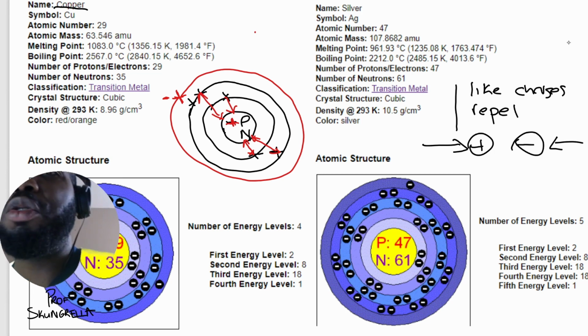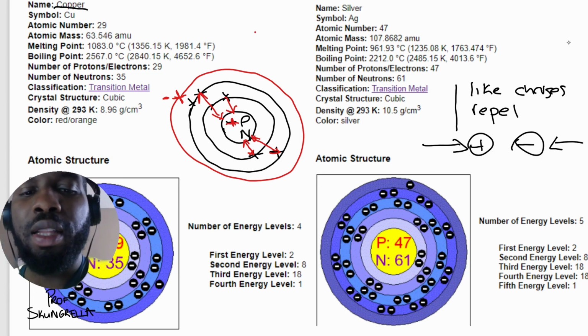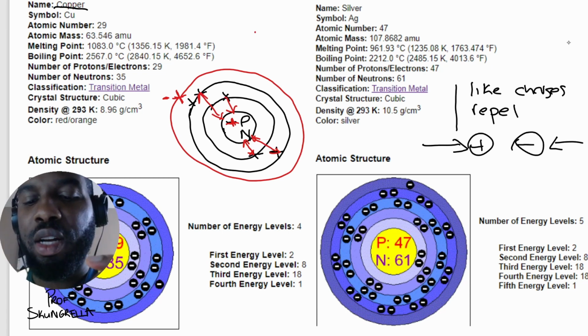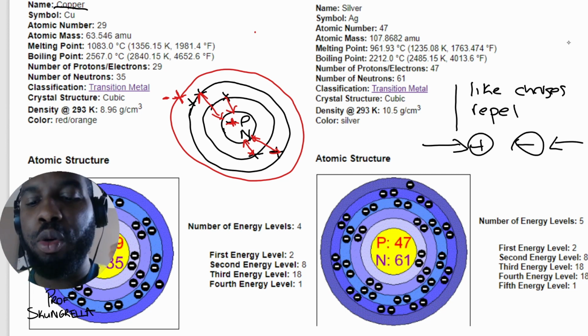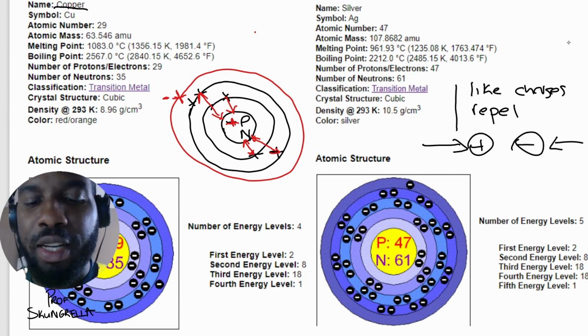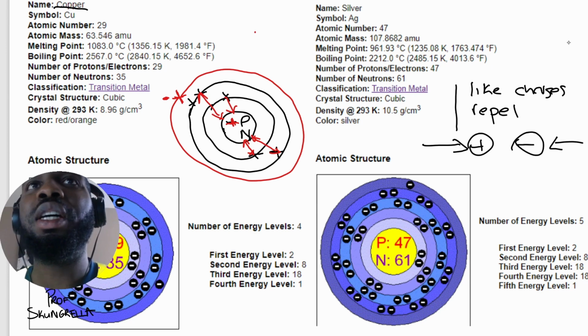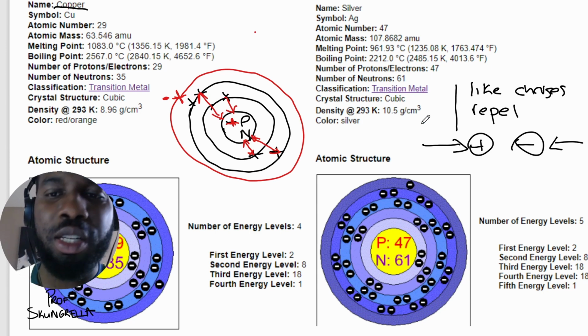The same way if you have two magnets, the force is stronger up close. Similarly, with these forces, the force is going to be weaker when you have more distance. This electron can then gain energy and become a free electron.